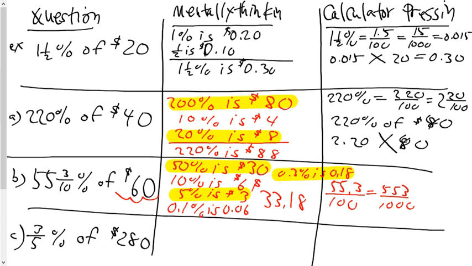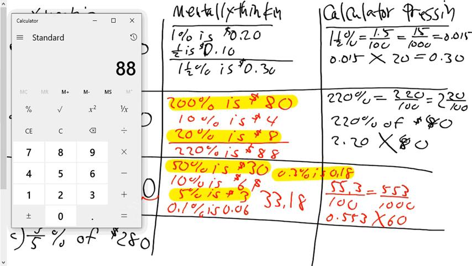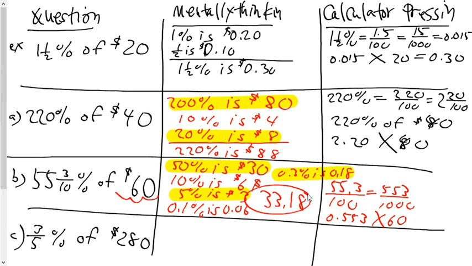I'm multiplying both the numerator and denominator by 10. 553 thousandths is 0.553. That's 55 3/10% of $60. This will be exciting if it's 33.18. Even though I know the answer is going to be correct, it's always exciting to see it come up. $33.18.